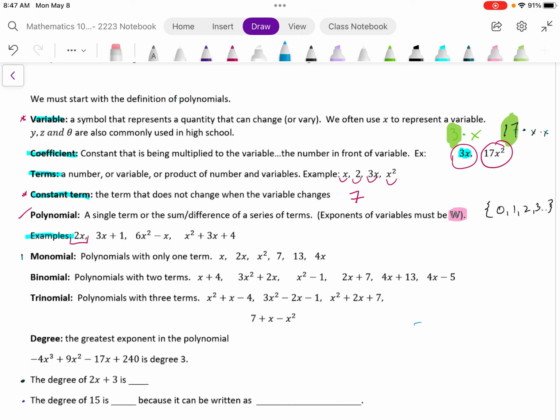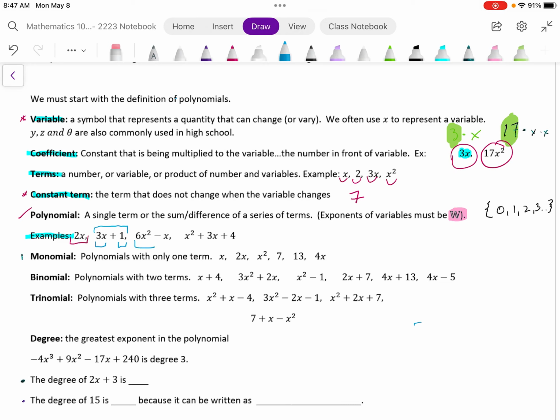Now, if we take a look at the next polynomial, I just separated these by commas. One term is 3x, second term is 1. And 3x plus 1 is a polynomial because it's the sum, adding two terms.